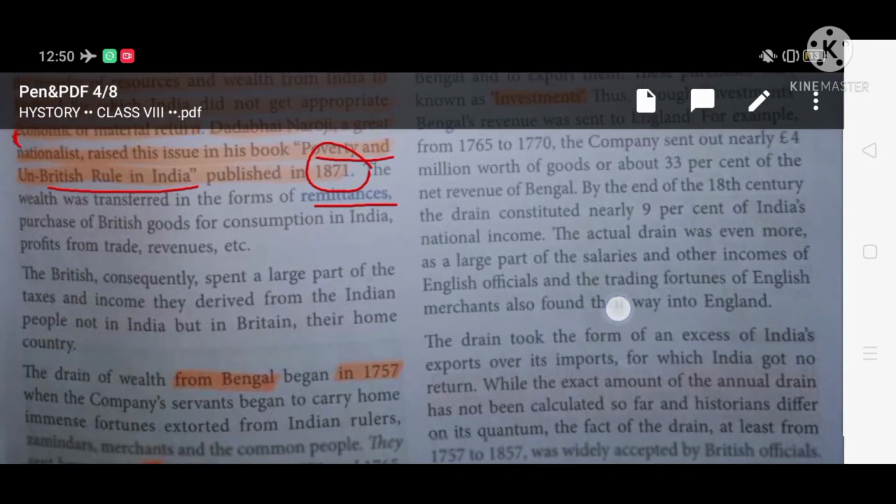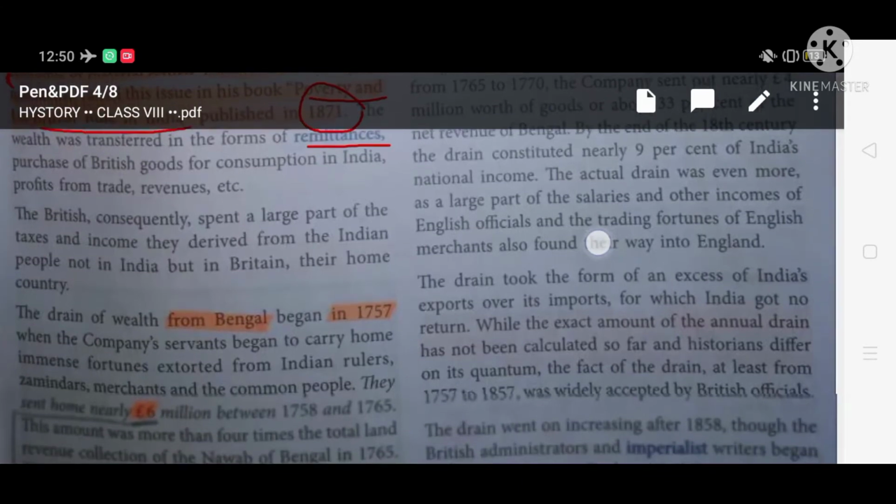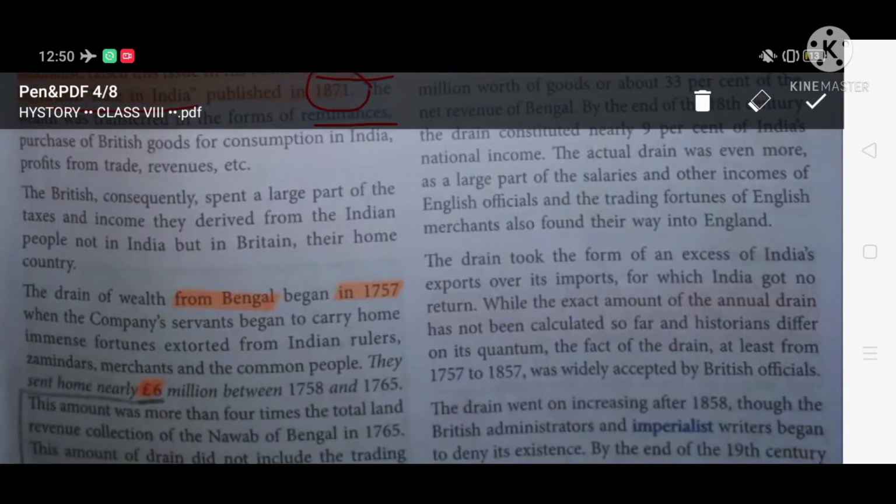The British spent a large part of the taxes and income they derived from Indian people not in India but in Britain, their own country.